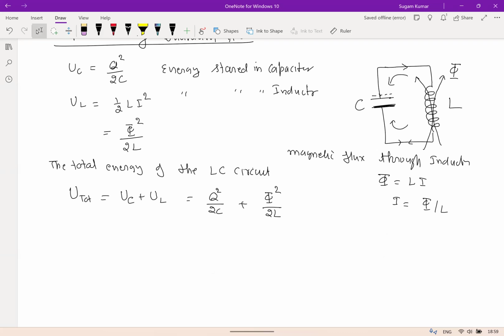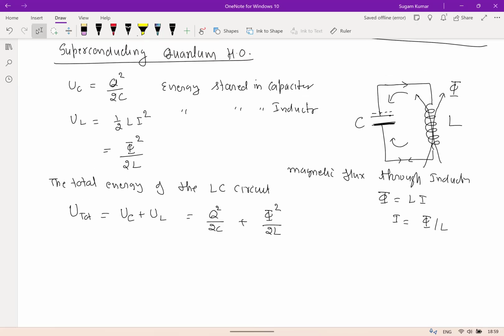Now, what we want to do here is solve this LC oscillator quantum mechanically. Because this whole system, these quantum qubits, are going to be cooled down to around 10 millikelvin, and at 10 millikelvin, you will be accessing the lowest energy levels where the quantum observations are more prominent.